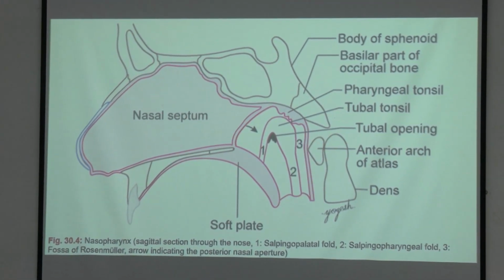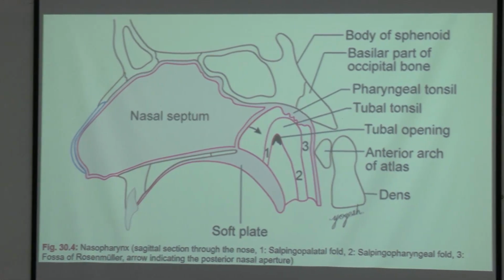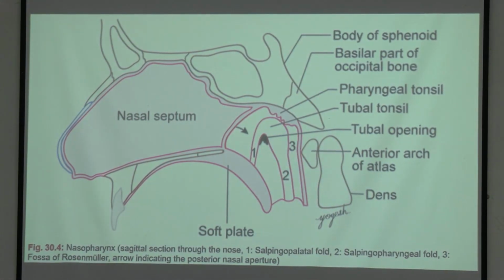There is the palatine tonsil, and we can get the tubal tonsil. We can get another tonsil here, just on the undersurface of the base of the skull, another lymphoid tissue called the adenoid, which is very prominent in young children.